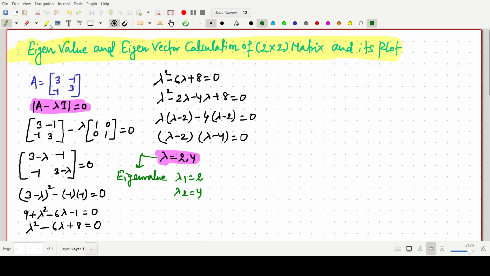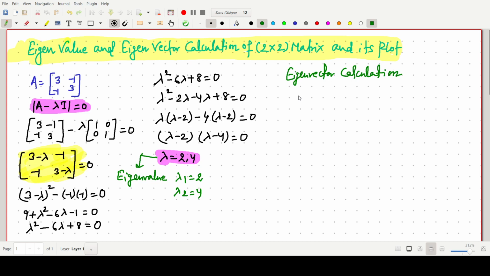For eigenvector calculation, we just focus on this matrix. Okay, take this one first. For now I am writing eigenvector calculation.